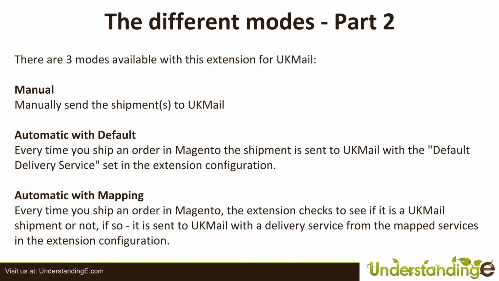So for instance, if you had a shipping method in Magento called something like Matt's Super Saver Special Delivery, which obviously is not a UKMail shipping service, but you wanted that to be the cheapest shipping method, which for argument's sake we'll say is a 2-day service, in our configuration you can map any order that has Matt's Super Saver Delivery to the 2-day service in UKMail. So once a shipment's created, it will automatically send over to UKMail that consignment with the right service, 2-day or whichever. Right, okay, that's pretty cool.